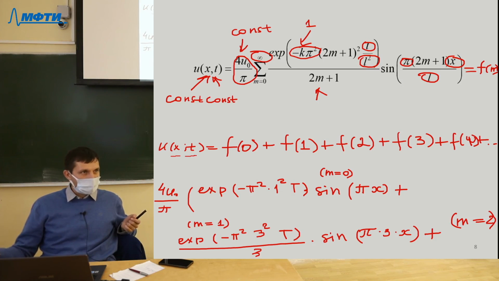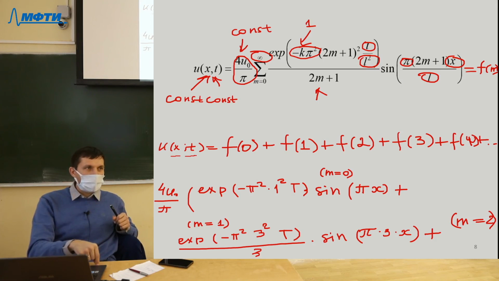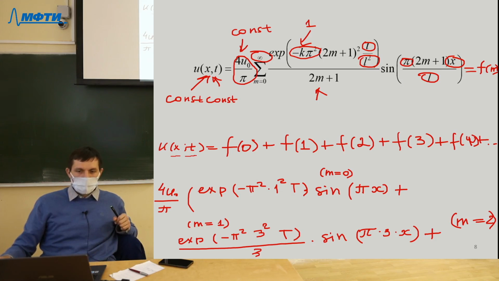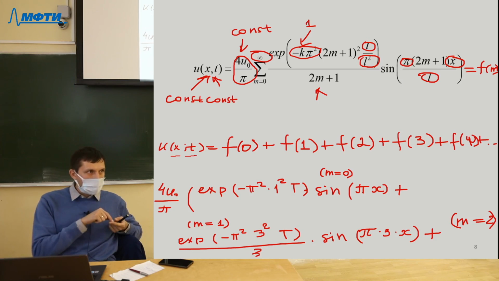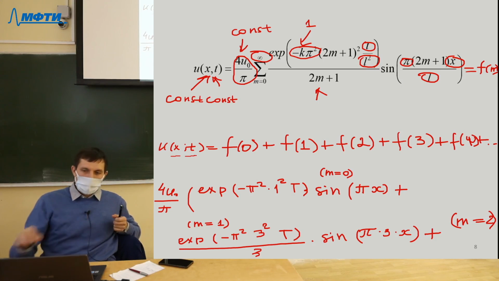If x equals 0, that means the very beginning point of the road, and sine will be 0 at every moment of time, so the temperature will be 0. It makes sense because on the left border the temperature is always 0. On the right border, if we consider x equals L, sine will be pi times something, and this something is always odd.